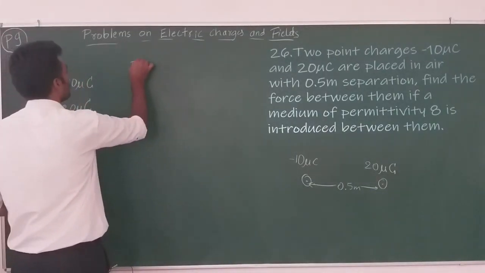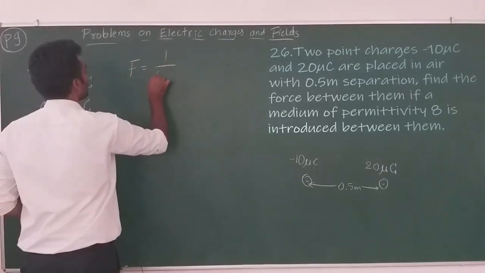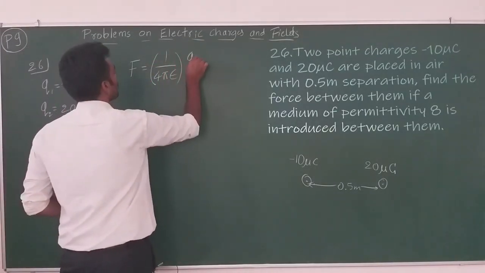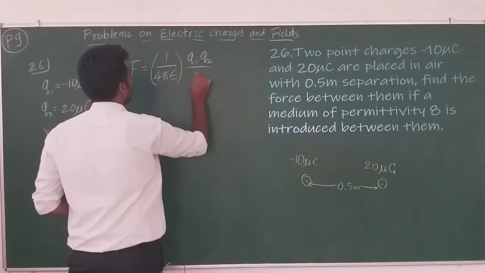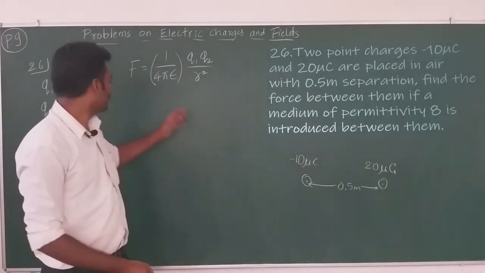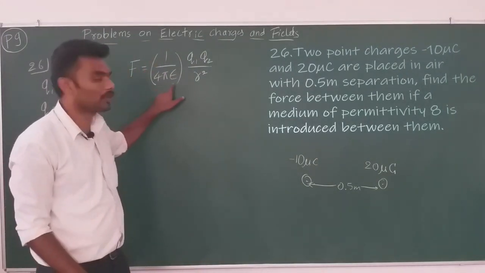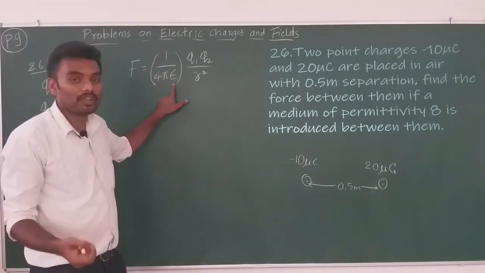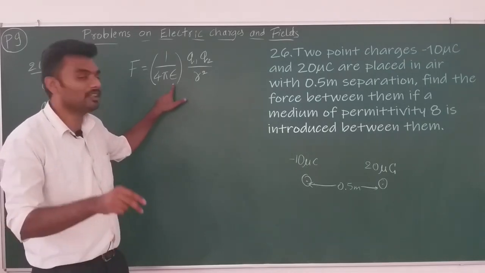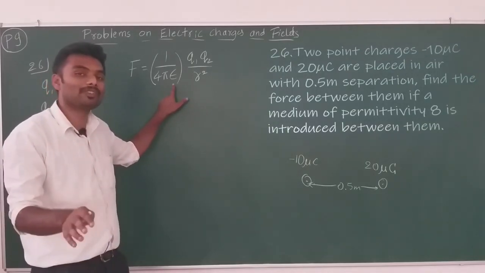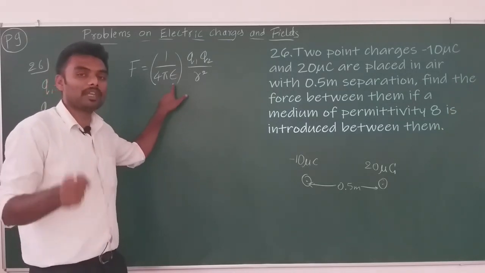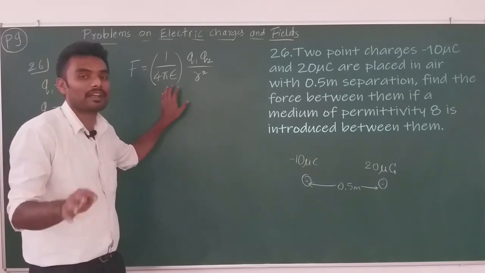A single formula: F is equal to 1 by 4 pi epsilon, Q1 Q2 by r squared. In most of the problems we have considered this as 1 by 4 pi epsilon naught directly, because back then, while discussing those problems, either the medium was not given or the medium was given as air or vacuum. That is why we kept epsilon as epsilon naught directly.